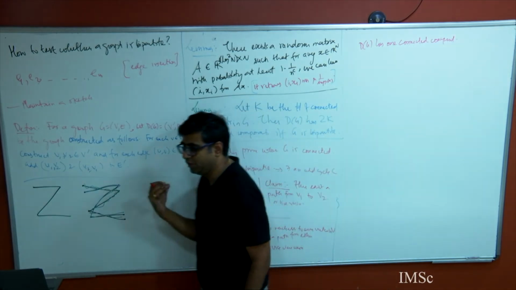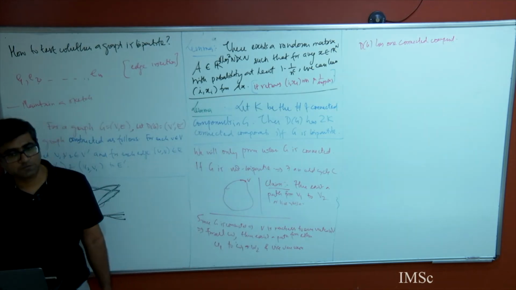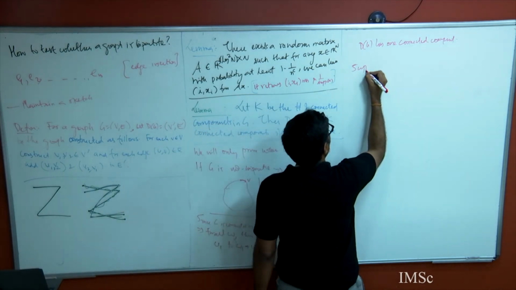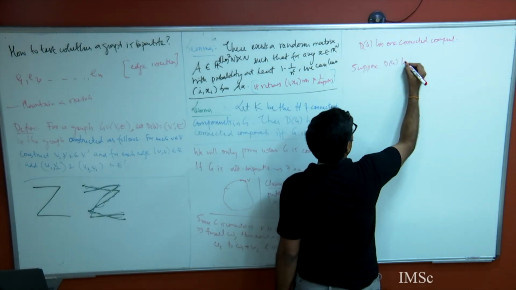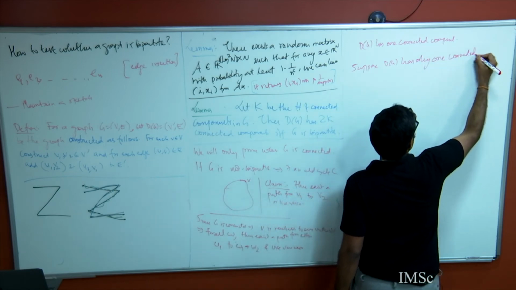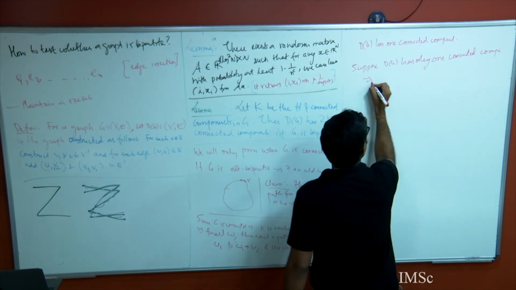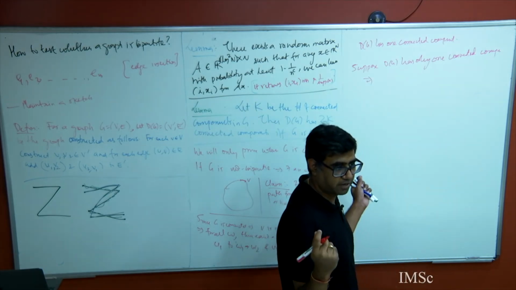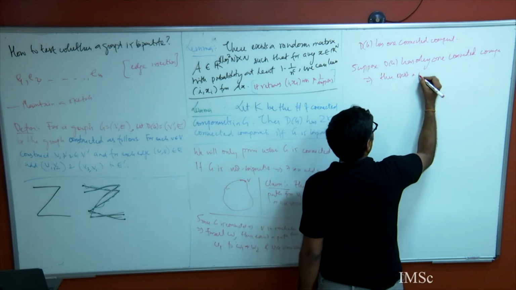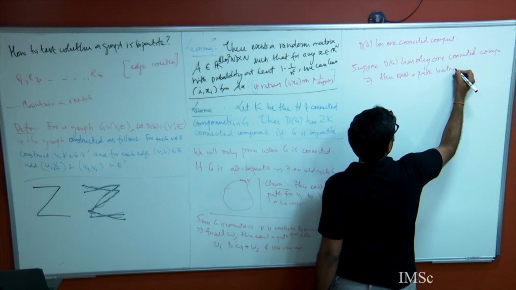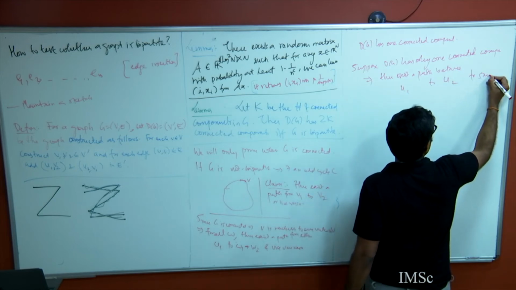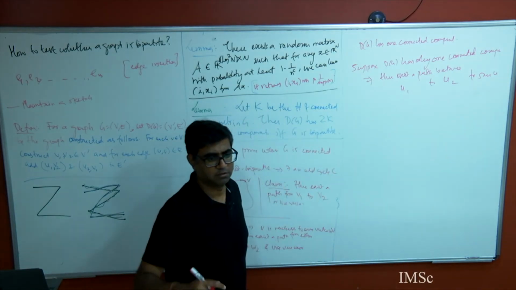Now suppose D of G has only one connected component. What does that imply? There exists a path between U1 and U2 for some U. Look at this path.